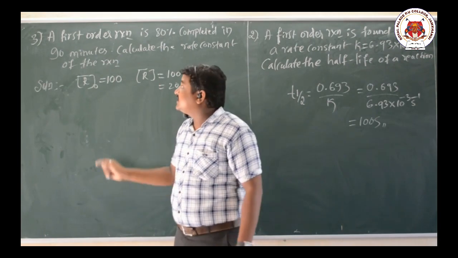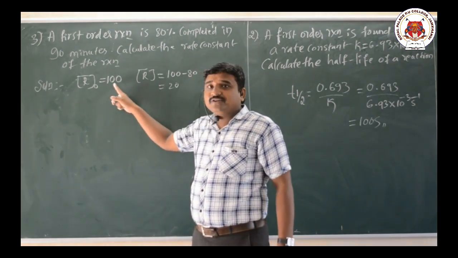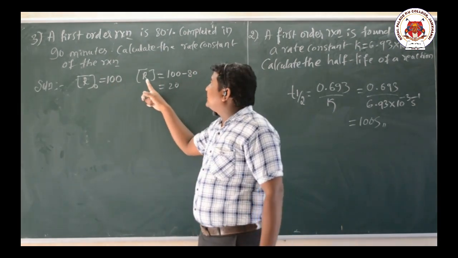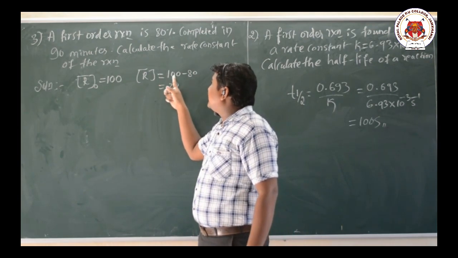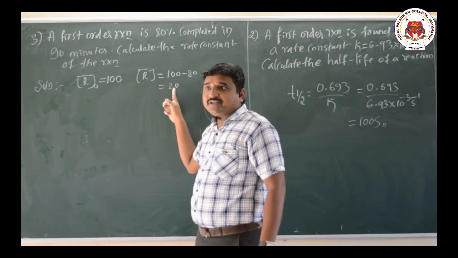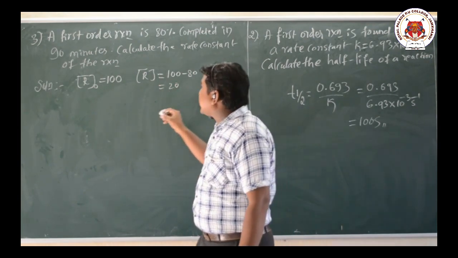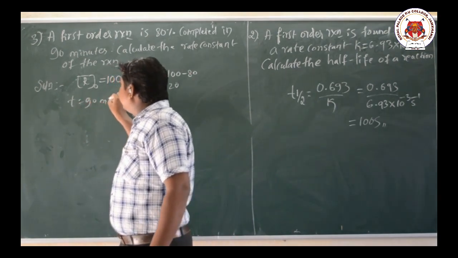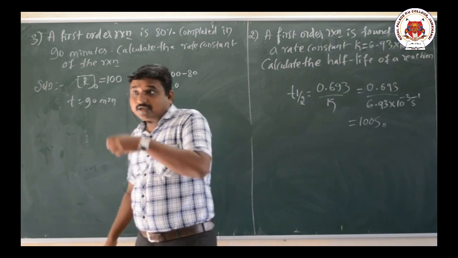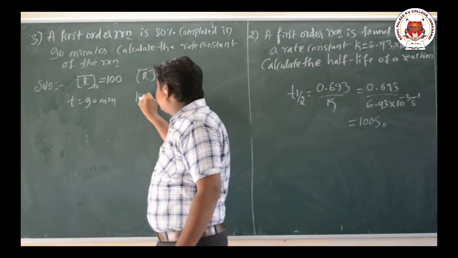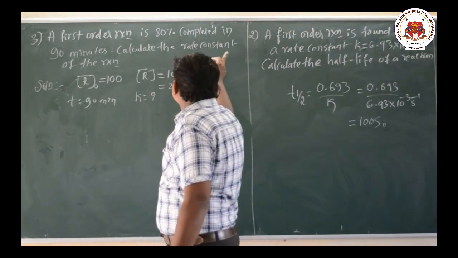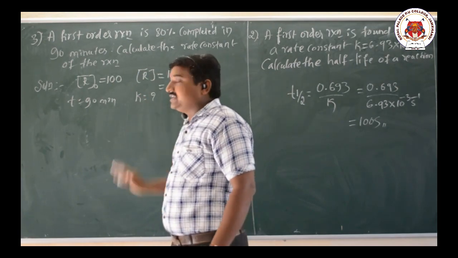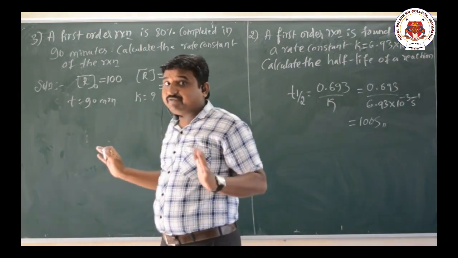So initial concentration R naught is 100, and after a certain time the concentration of reactant is 20. The time given is T equal to 90 minutes. They asked us to calculate the K value, the rate constant or specific rate of the reaction.